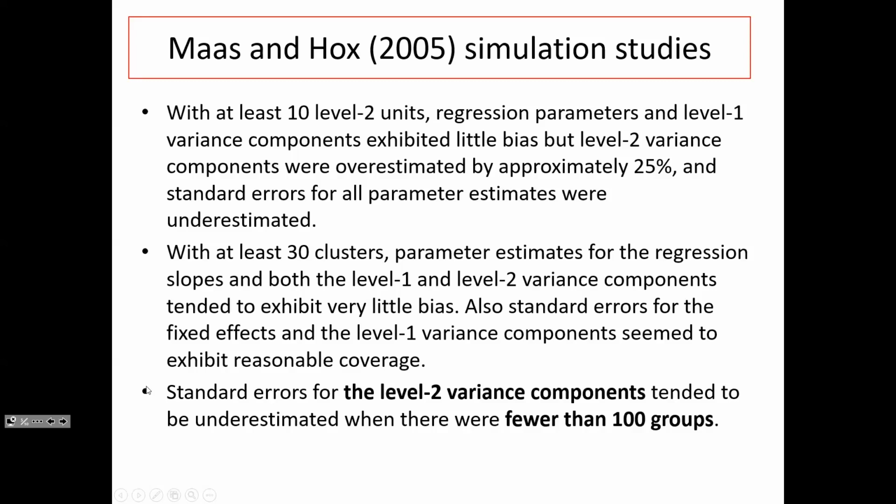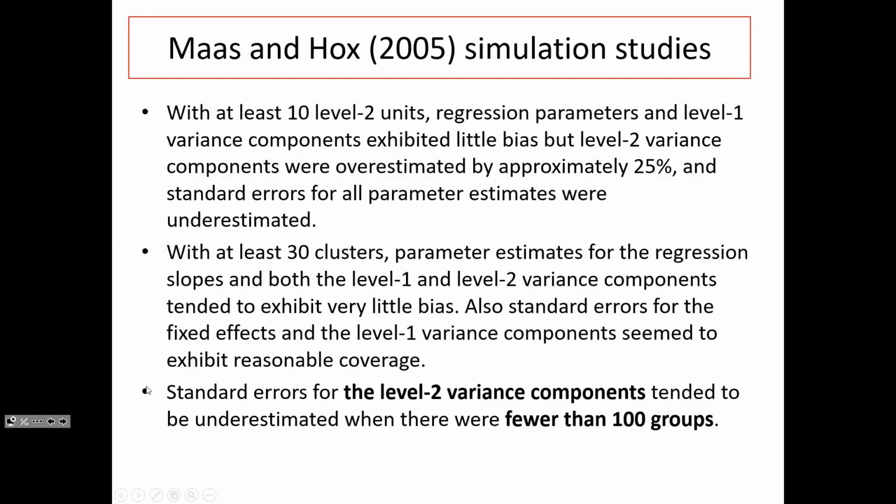So those were the three things that I said I really cared about. With 30 clusters, I'm in pretty good shape: I can get good parameter estimates, I can trust the statistical tests, and I can get trustworthy estimates of the variance components.